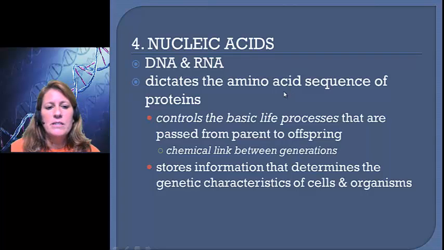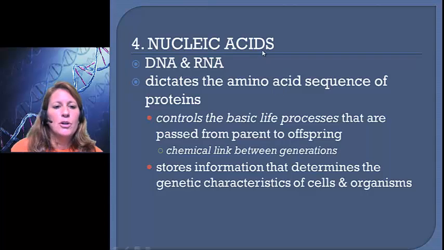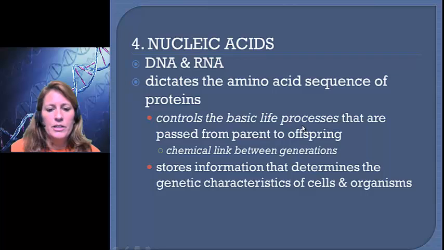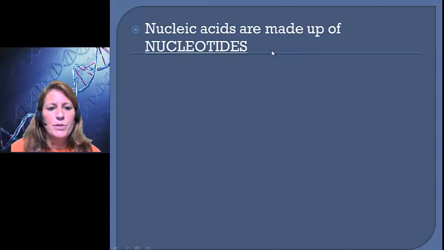The amino acids and the proteins all work together to make a nucleic acid. Next semester we'll get into how this process actually builds a nucleic acid, but for right now, just know that it's the DNA and RNA. It controls the genetics, basically passed on generation to generation. The main thing I want you to focus on are the building blocks and what makes up a nucleotide, and then we can reference that later.